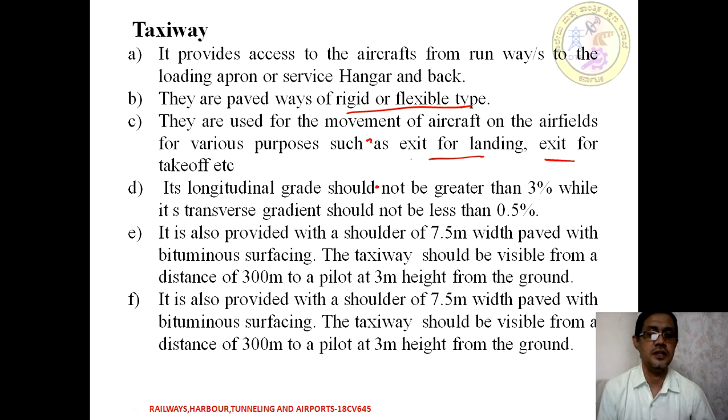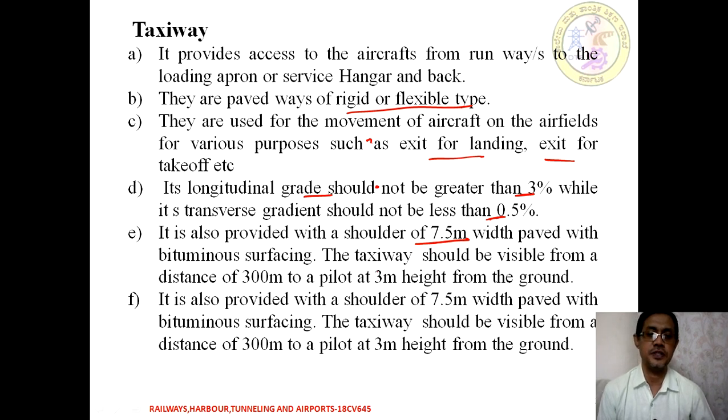So whenever the aircraft moves from the hangar apron to the main runway, or vice versa, this taxiway is utilized. Usually it should have a longitudinal grade not greater than 3%, while the transverse grade should not be less than 0.5%, and it should be provided with a bituminous shoulder of 7.5 meter width.